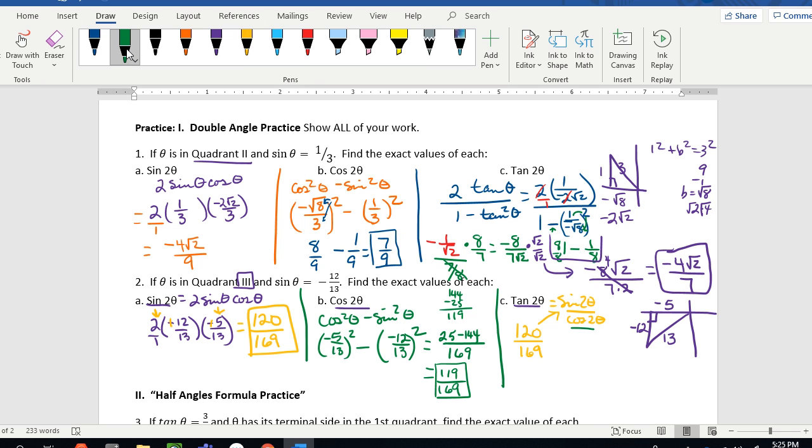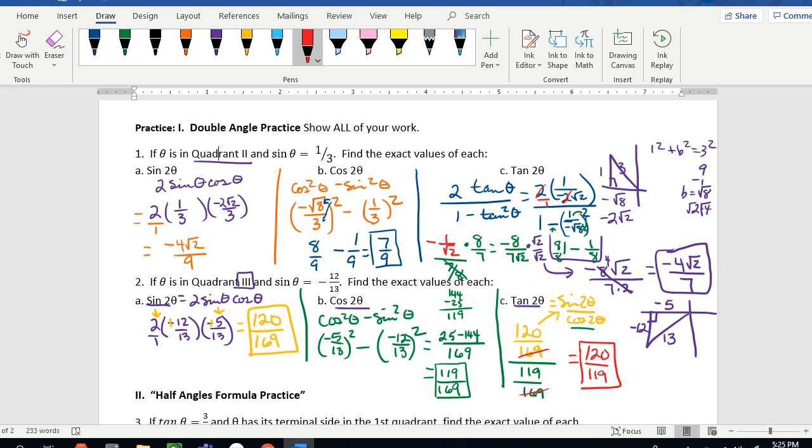This one, I'm going to put it over 119 over 169. Those of you that like to cancel denominators, whoosh, whoosh, it's gone. If you like to keep change flip, you can do that as well. I'm at 120 over 119, the end. Look how fast it is, if you already happen to know sine and cosine.